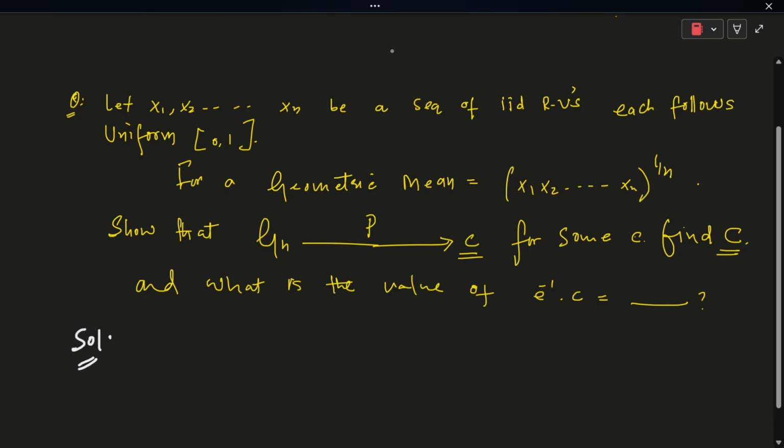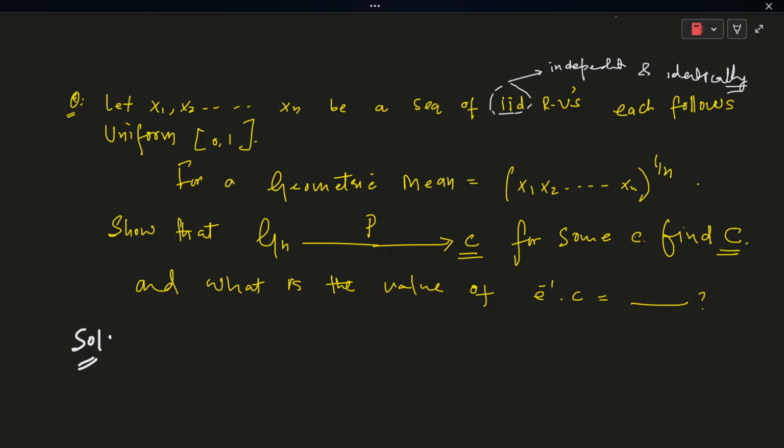See, the question is, we have a sequence of IID random variables. What is an IID random variable? It is independent and identically distributed. This means that we have a sequence of random variables x1, x2, x3 up to xn.